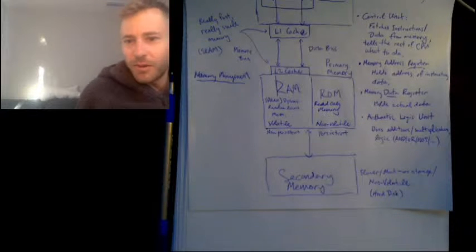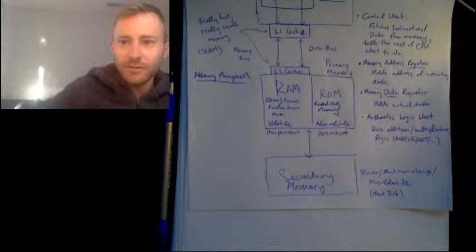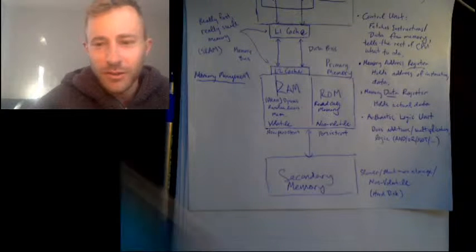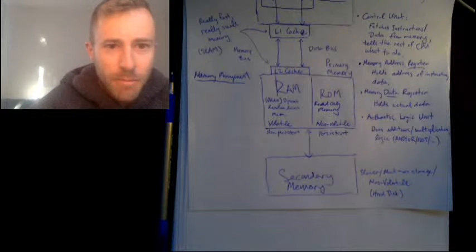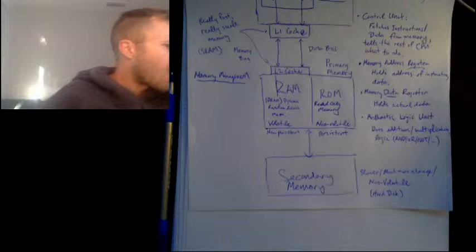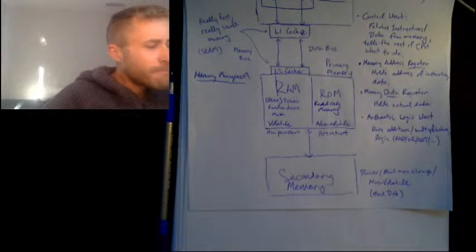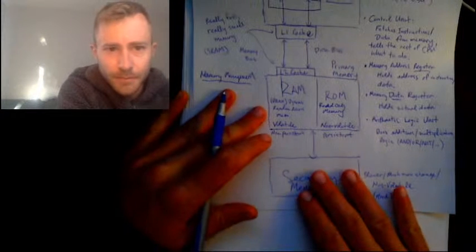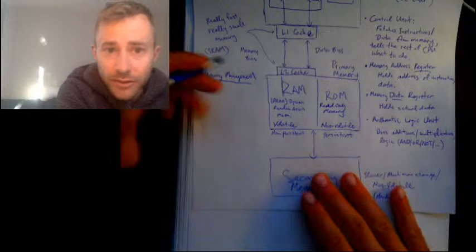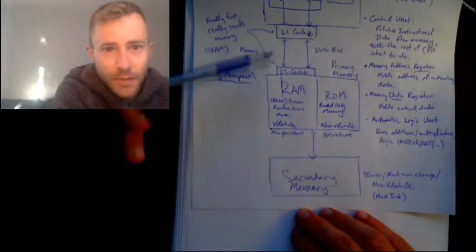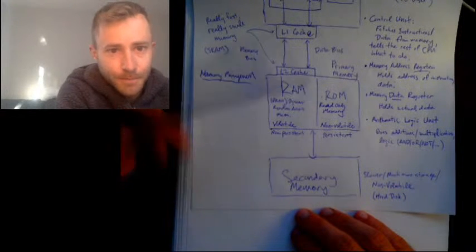Wow, $1,500 for 128 gigs of RAM. That's ridiculous. So basically, your operating system is going to do all of this management.